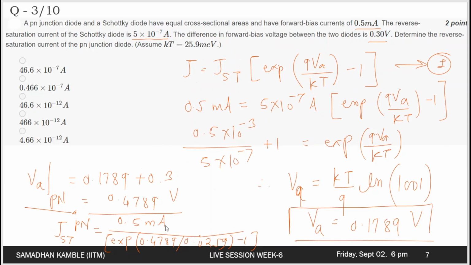If you solve this, you will get the reverse saturation current for the PN junction as 4.66 picoamperes. Pico stands for 10 to the power minus 12 amperes. So the answer is 4.64 times 10 to the power minus 12. So this is the answer for question number 3.